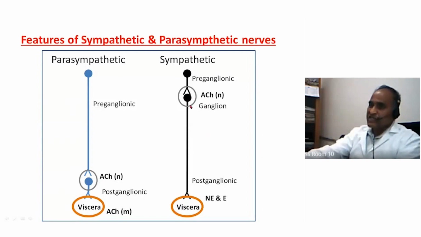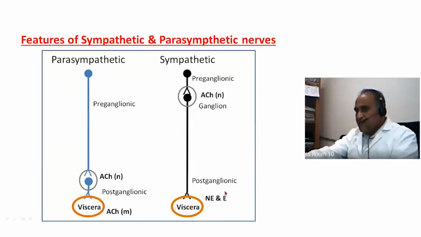That means the action is excitation. The nicotinic receptor is an ionotropic receptor, so binding of acetylcholine opens up the cation channel or sodium channel. Now, this postganglionic fiber will be longer and it will excite and release norepinephrine and epinephrine.